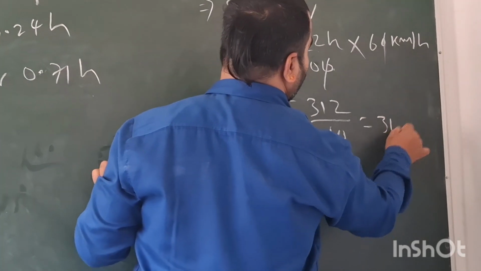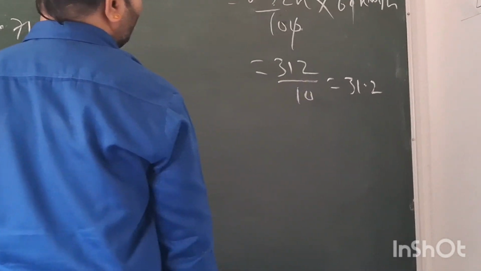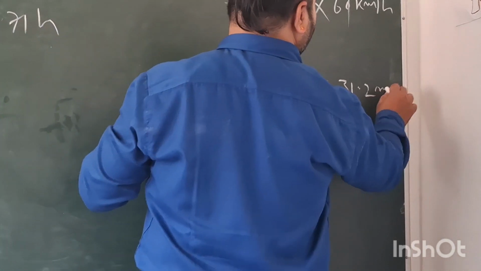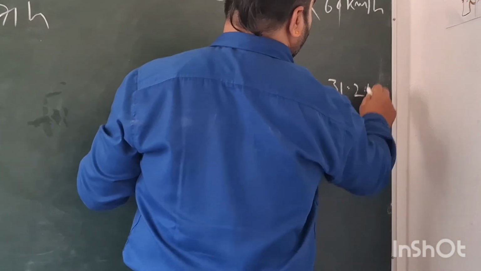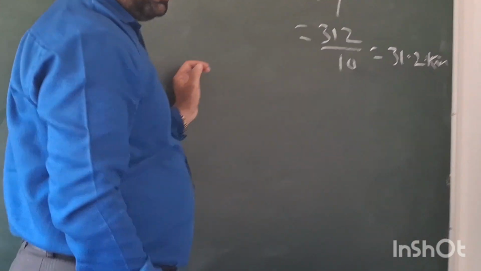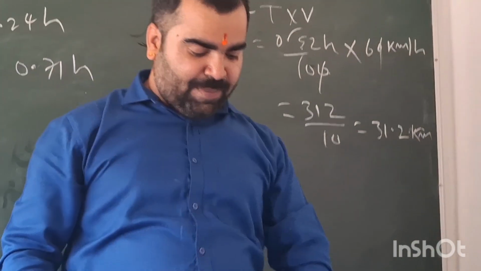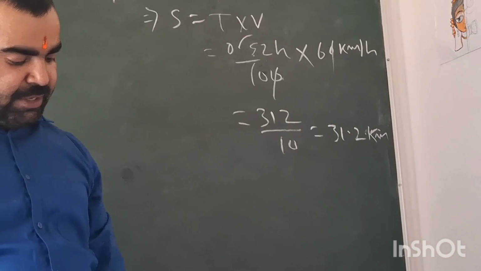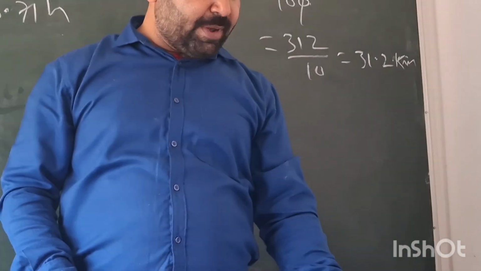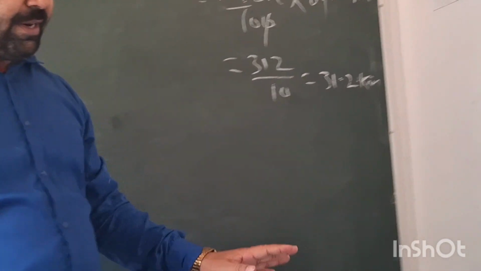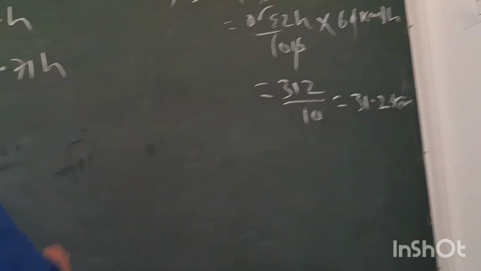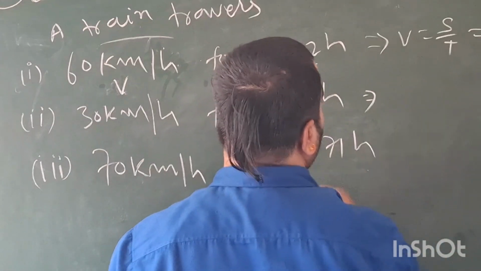What will you get? 31.2. The unit of distance is kilometer, not meter. So 31.2 kilometer, right?